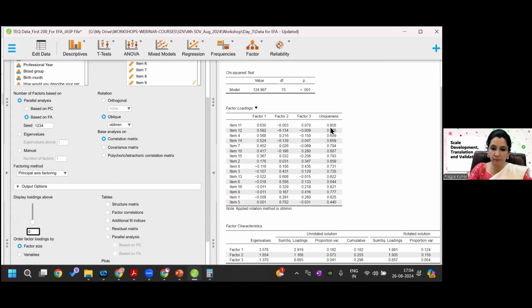Like 60% of the variance in item 11 cannot be explained by factors 1, 2, and 3. Now, have you understood this statement? If you have understood for one item, you can understand for the rest of the items. Can someone say yes or no?